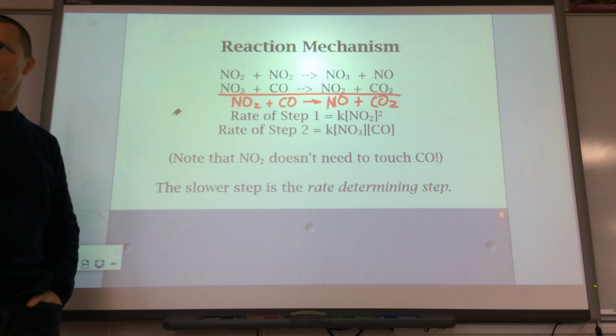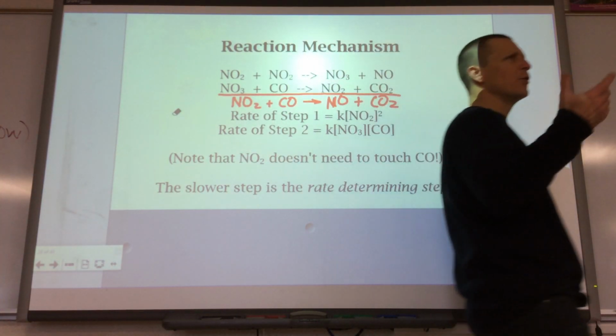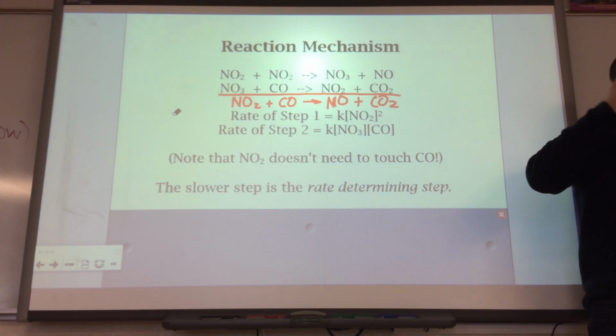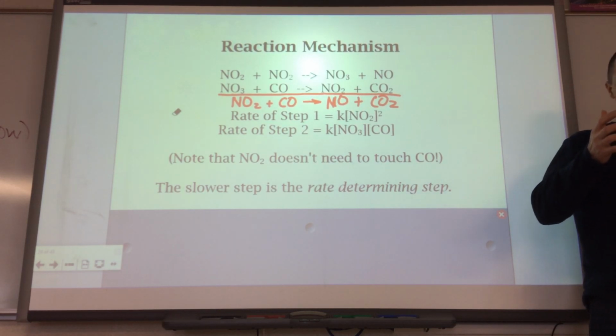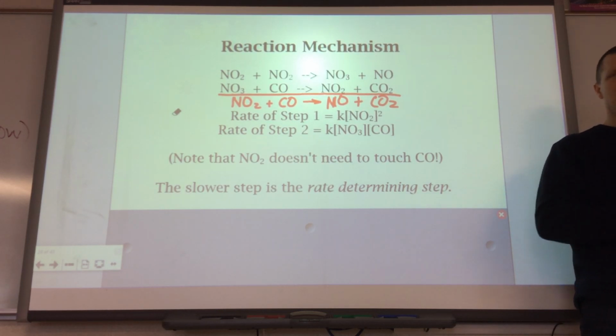The rate determining step, an analogy of that would be like this. If I wanted to race bikes, maybe I got into a race in which I had to have a partner, and when both partners finish the race, then that's where my team finishes.